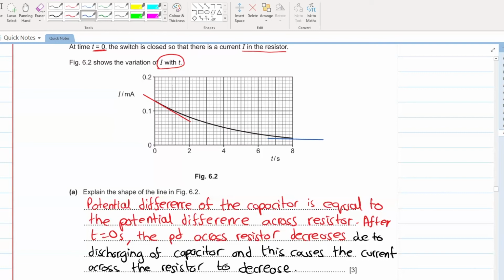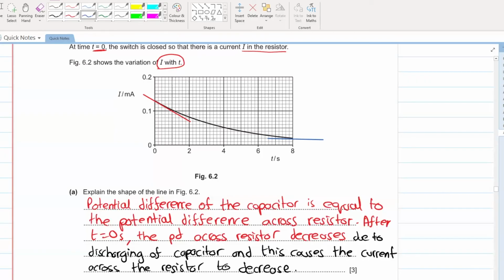Any ideas why current is decreasing at a decreasing rate?